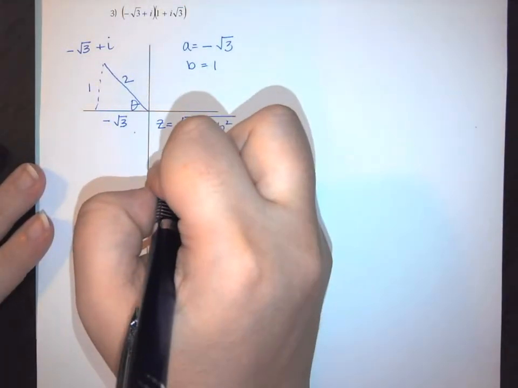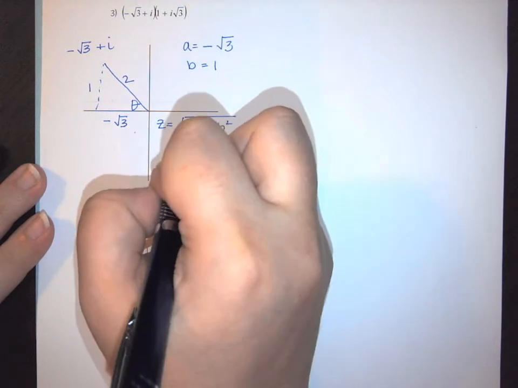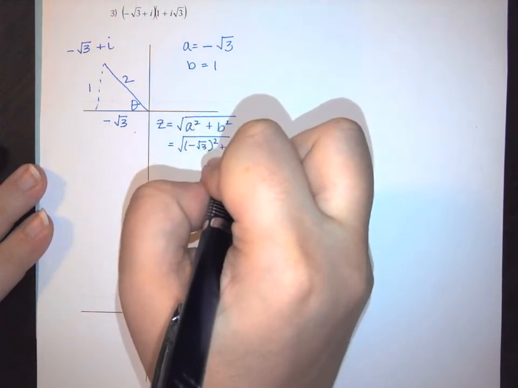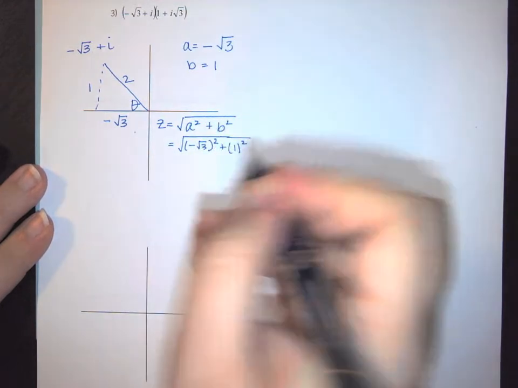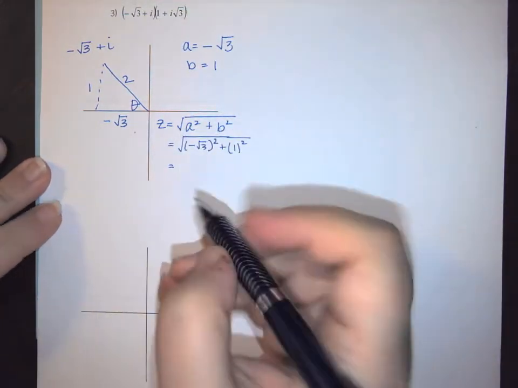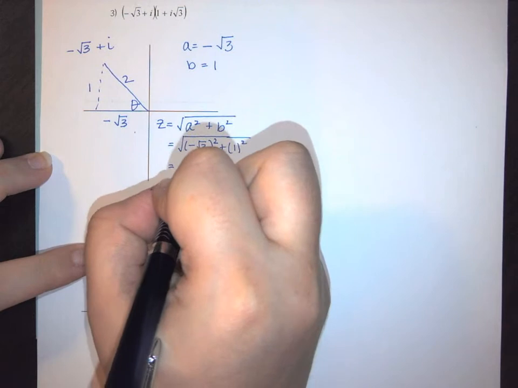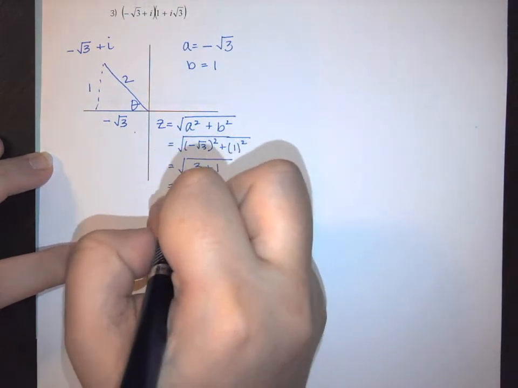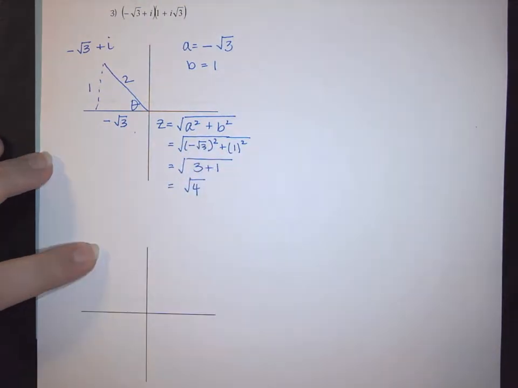This is the square root of negative square root of 3 squared plus 1 squared. So negative square root of 3 squared is 3, plus 1, which leaves us with the square root of 4, which gives us 2 as a result.